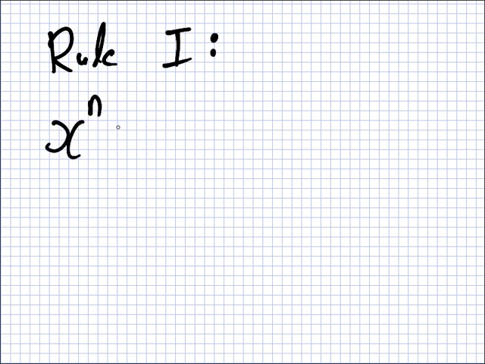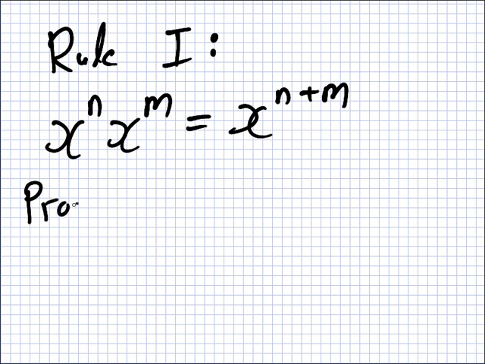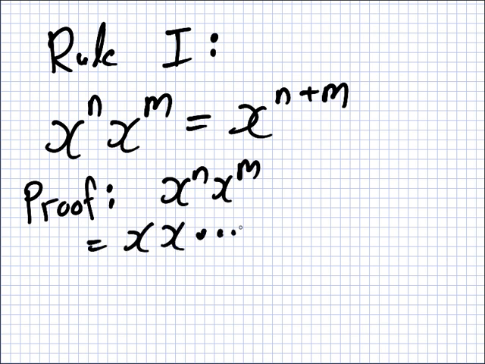x power n times x power m equals x power n plus m. And the proof is super easy. It's hardly a proof. x^n times x^m equals x times x dot dot dot, like so. And then x^m is x times x dot dot dot, like so.